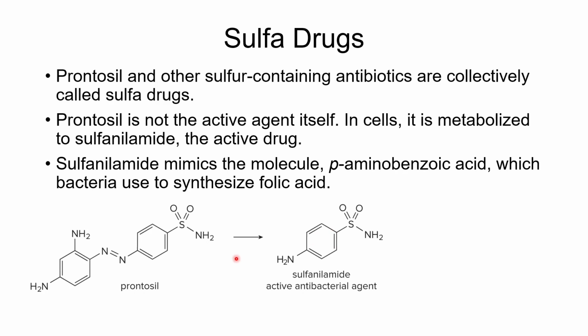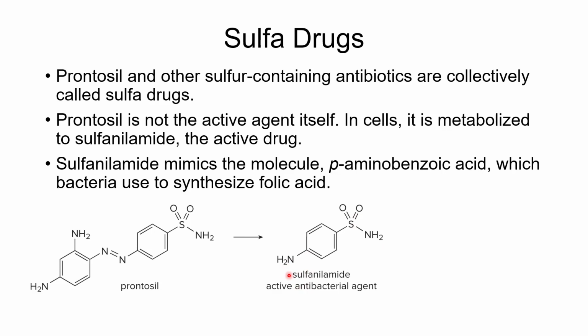Now, there are a lot of variations of this, and so there are still modern sulfa drugs. Usually, you don't just treat somebody with sulfanilamide. You can treat them with derivatives of this, where you have replaced certain components on this to make it more soluble. It goes to certain tissues, but it is one of the classes of antibiotics.